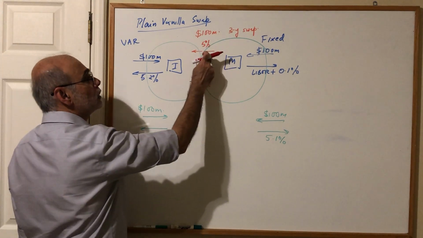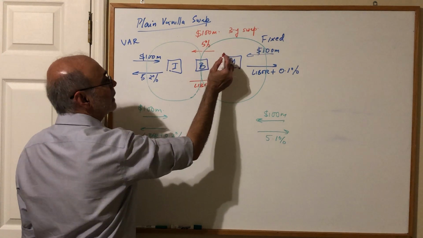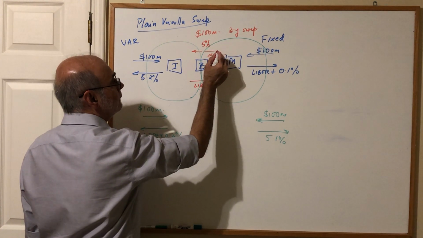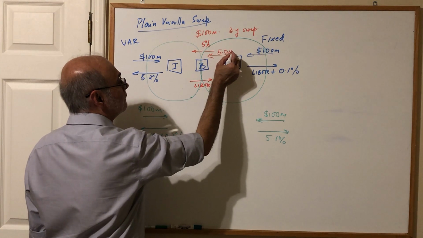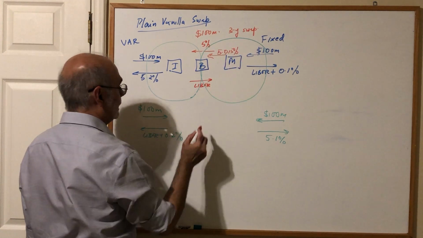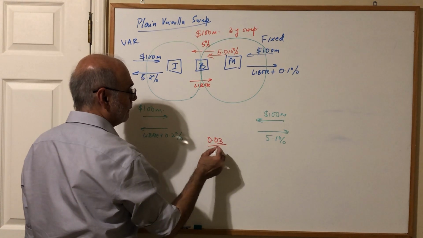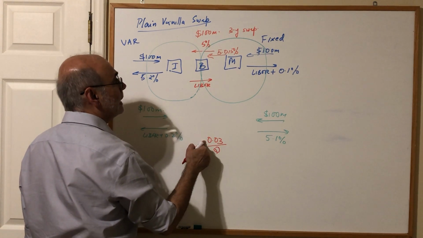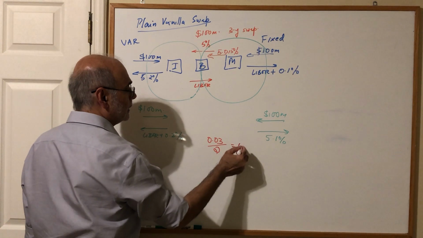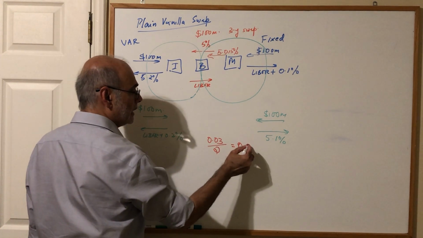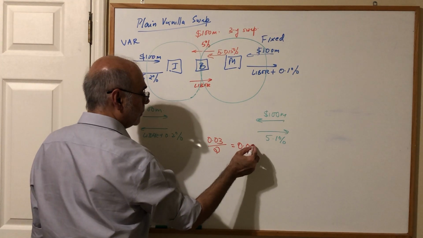So when Microsoft pays 5, what we're going to say is 5 is not enough. It has to pay 5 plus 0.015%. That is 3 basis points divided by 2. The investment banker wants 3 basis points. Divided by 2, 3 basis points is 0.03 of a percentage point, is 0.015.